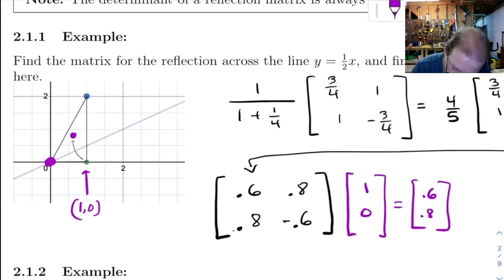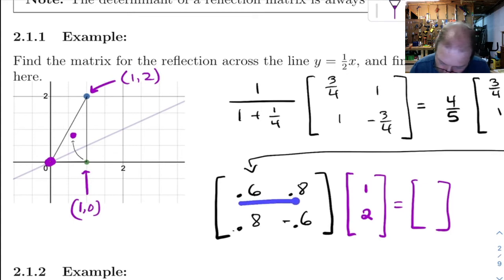Okay, and then the last point, this is the point 1, 2. If I put that in here, what do I get? 0.6 plus 1.6. Is that right? Yeah, it's basically 6 plus 16. And then down here, when I multiply that out, I get 0.8 minus 2 times 0.6.